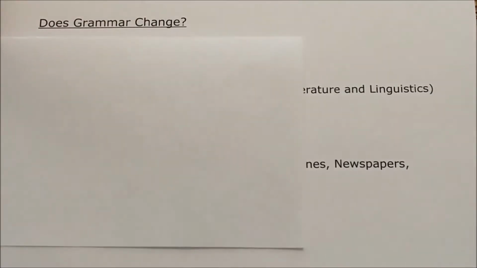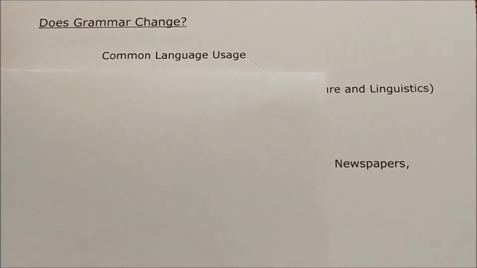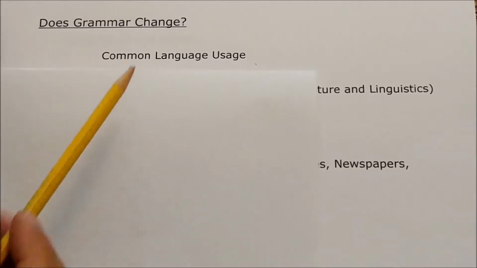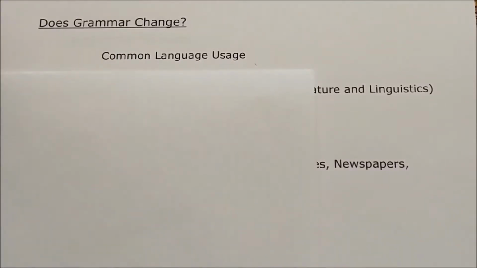Now, does grammar ever change? Well, yes, it does. Grammar evolves slowly, but it does change. And let me show you through this sequence here how it does change. Starting out with common language usage, in other words, how the language is used by everybody.